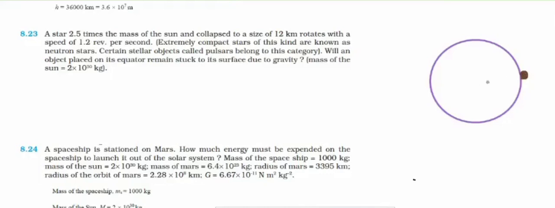And when the star rotates, we know this object, which is already placed on its surface, will have a circular motion when the star rotates about its axis. Now, you can see the radius is given.